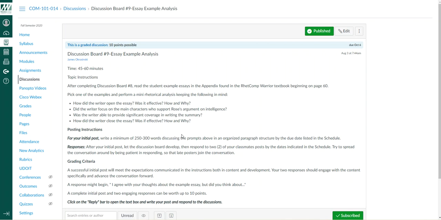Did the writer focus on the main characters who support Rose's argument on intelligence? So, was there good coverage? Were the details that we talked about for discussion board 8, Uncle Joe, his mom Rosie, covered? Was there good coverage on how they use those cognitive processes to perform the routine work in their blue collar fields? So was the writer able to provide significant coverage in writing the summary?